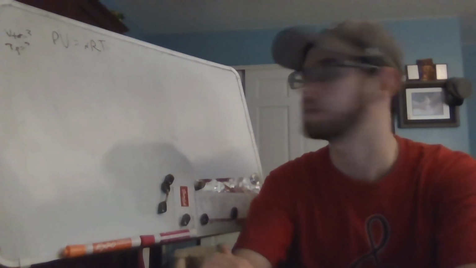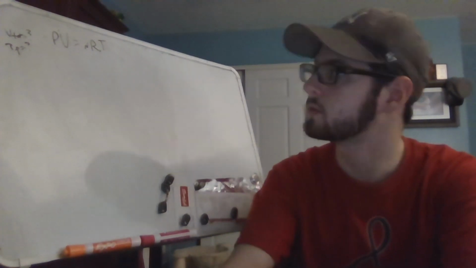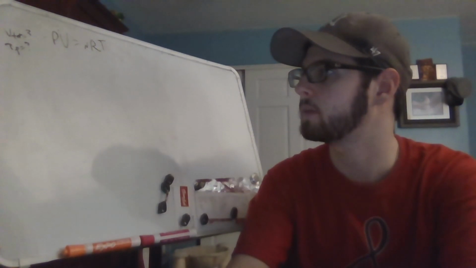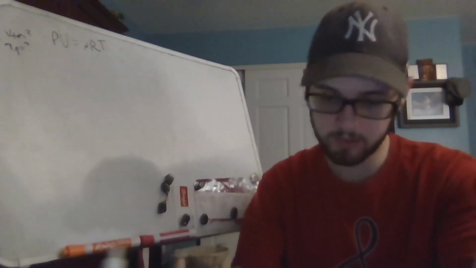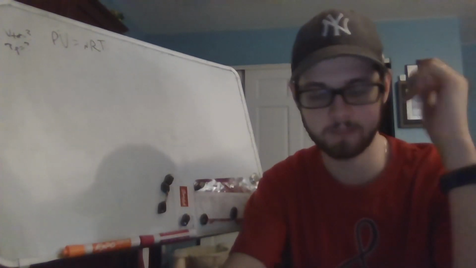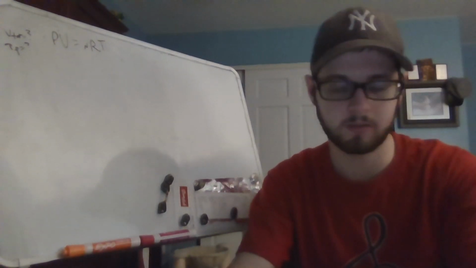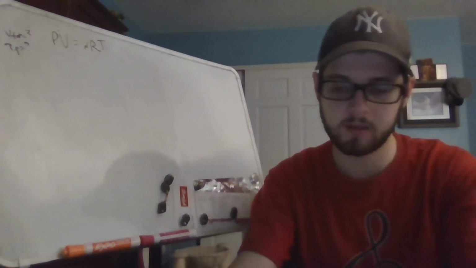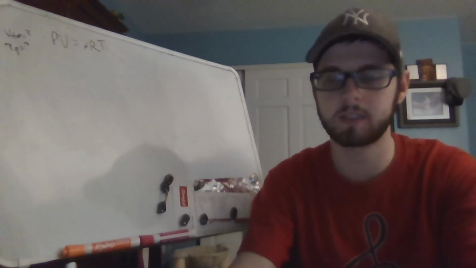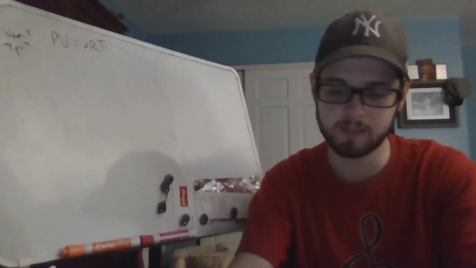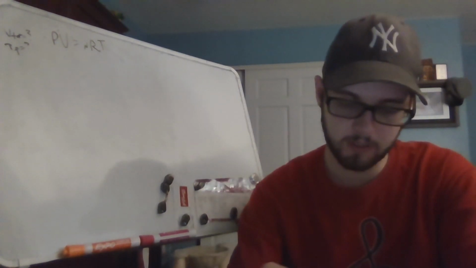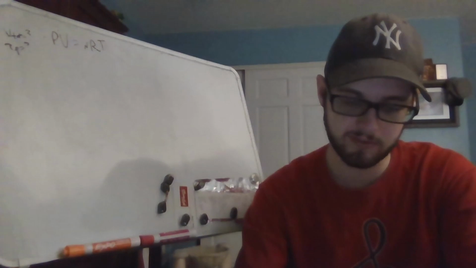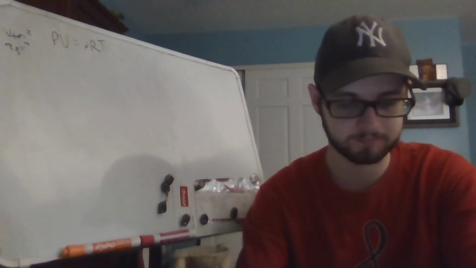Okay, so here we have PV equals nRT, and we want to solve for T and V for this system. The container is initially at 1 atm with air inside of it and 1 kilogram of liquid water.